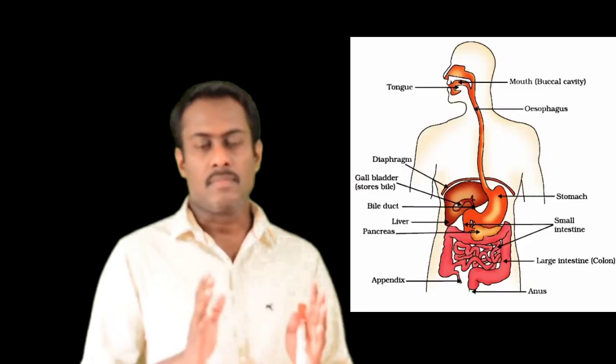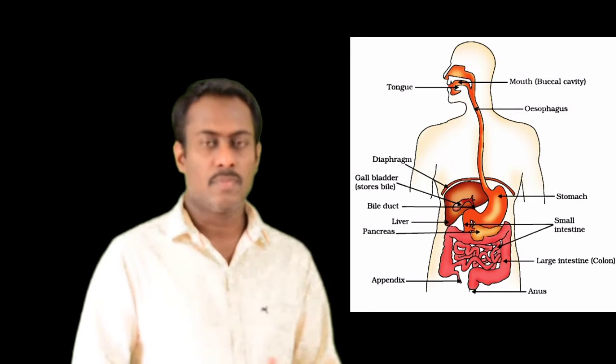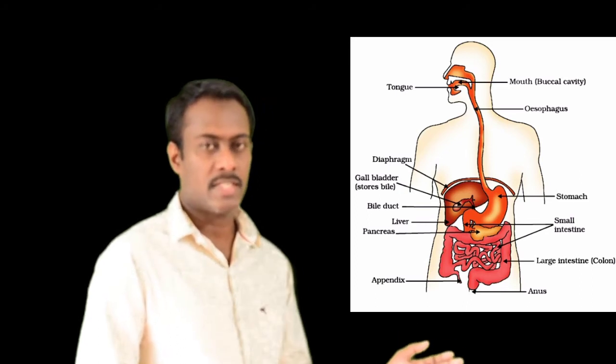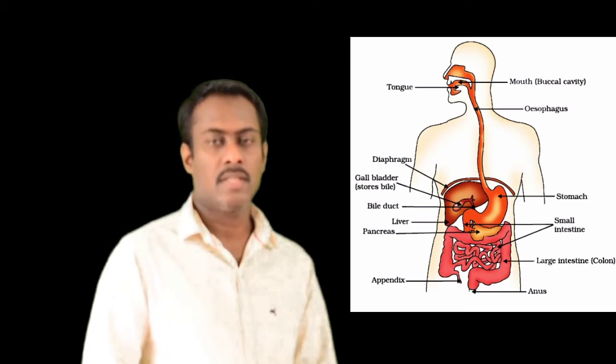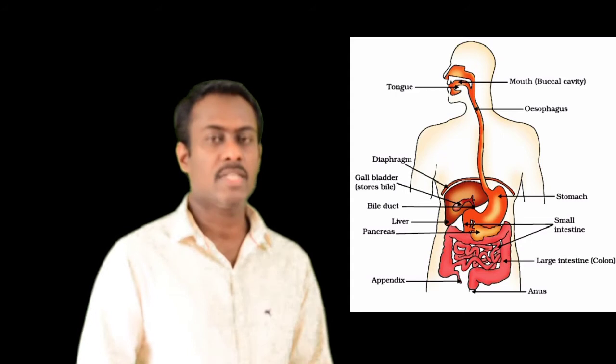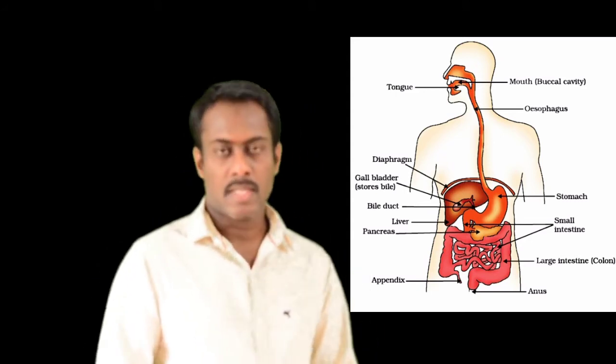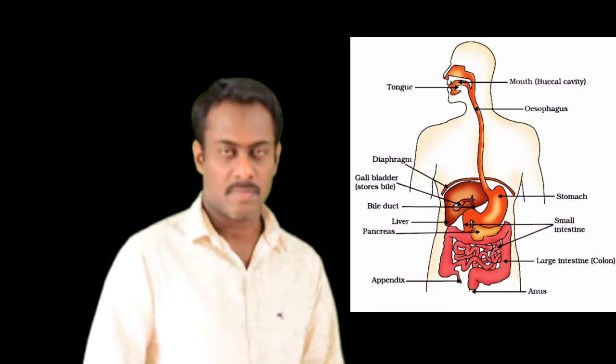Then the digestion process: the food that we eat passes to the digestive tract. Then in this tract, this food is thoroughly mixed up and then broken down into its simplest form. That process is known as digestion.